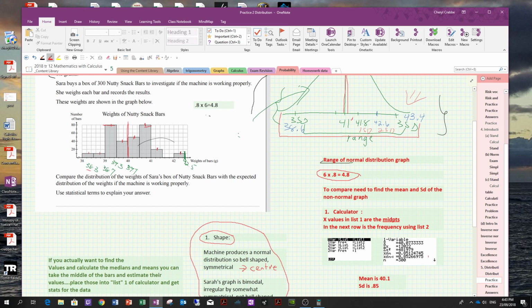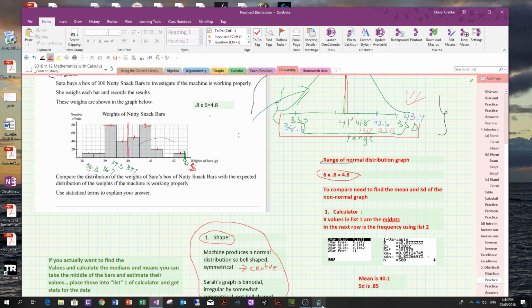So that's how they go. They go that way, 39.7, 40.3, all the way till you get to 42.3, and it stops there.